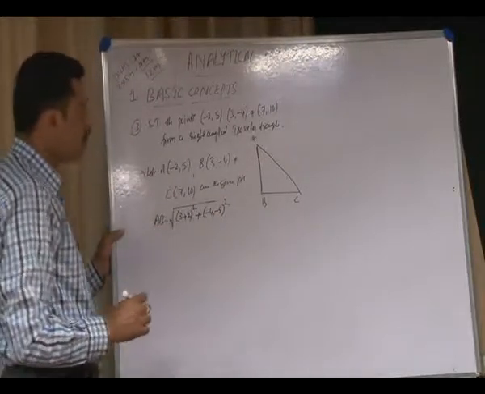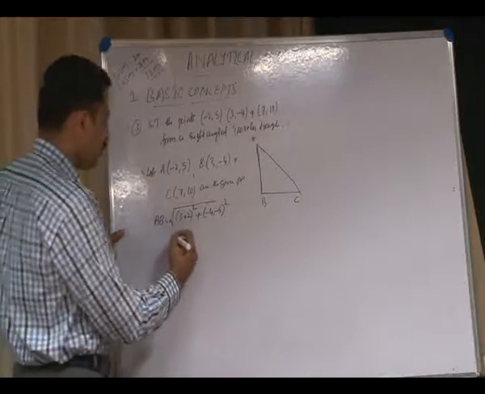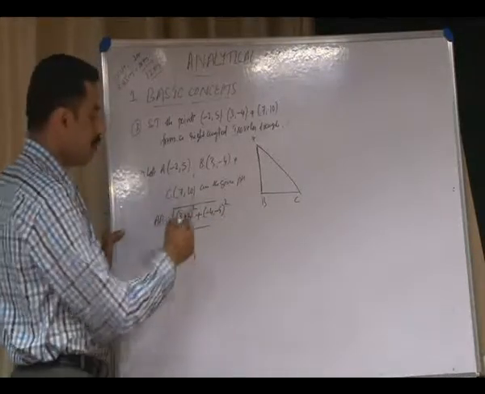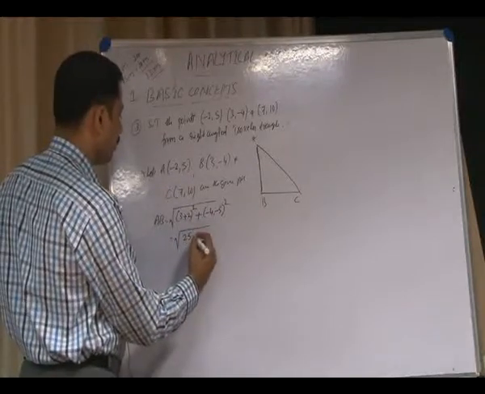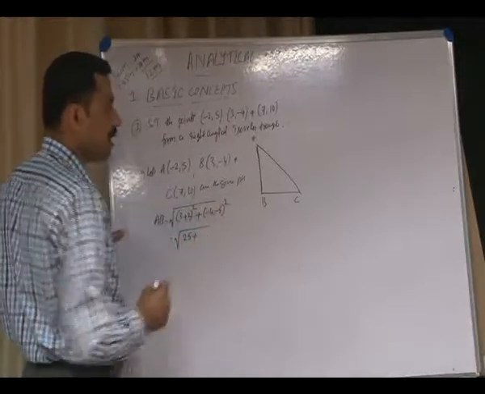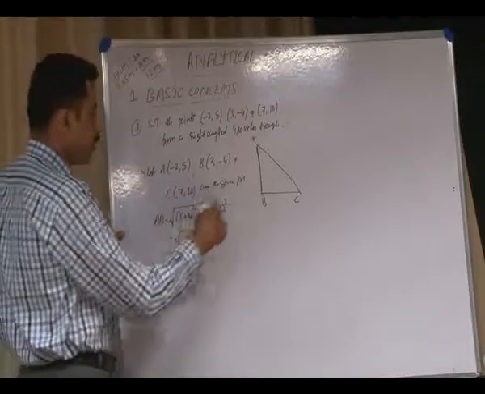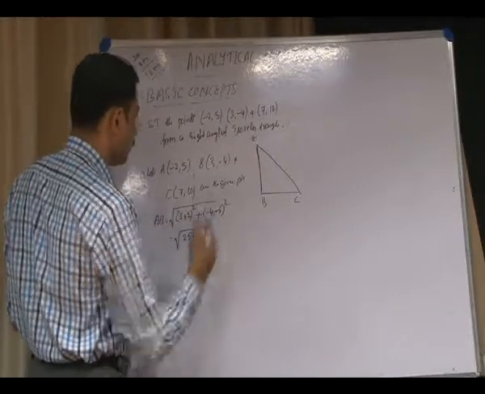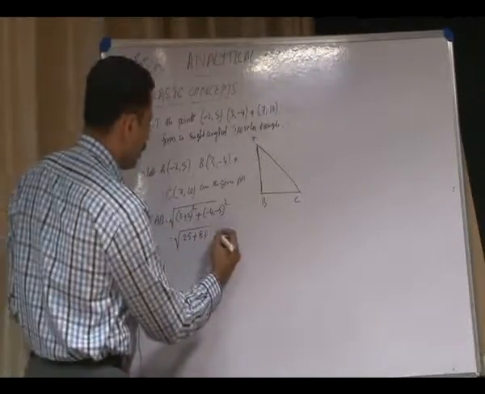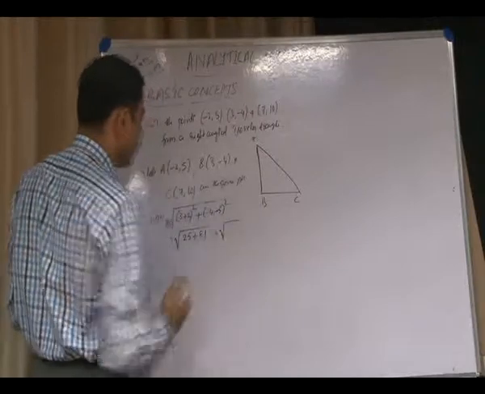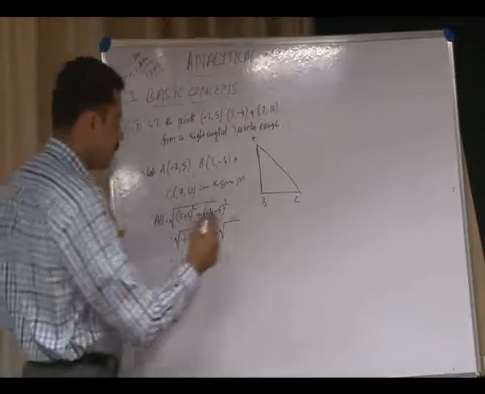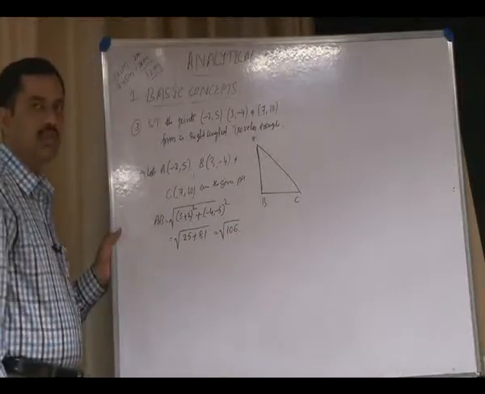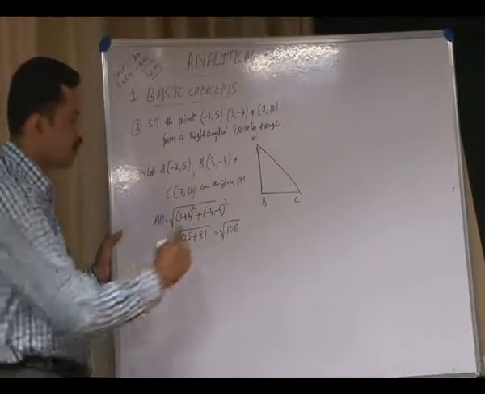Then AB is equal to square root of 3 plus 2 is 5, 5 square is 25, plus minus 4 minus 5 becomes minus 9, minus 9 whole square is 81. So AB is equal to square root of 25 plus 81, which is 106. That gives the distance between these two points, AB, equal to square root of 106.